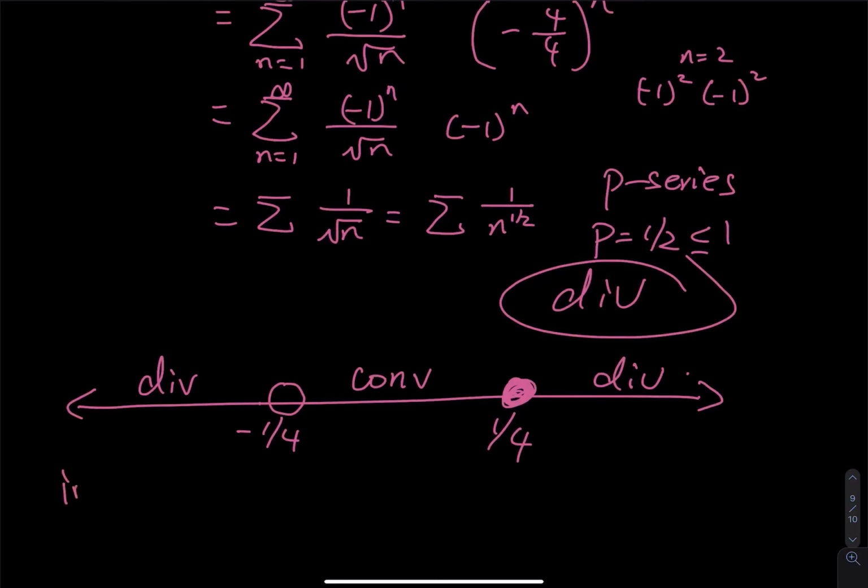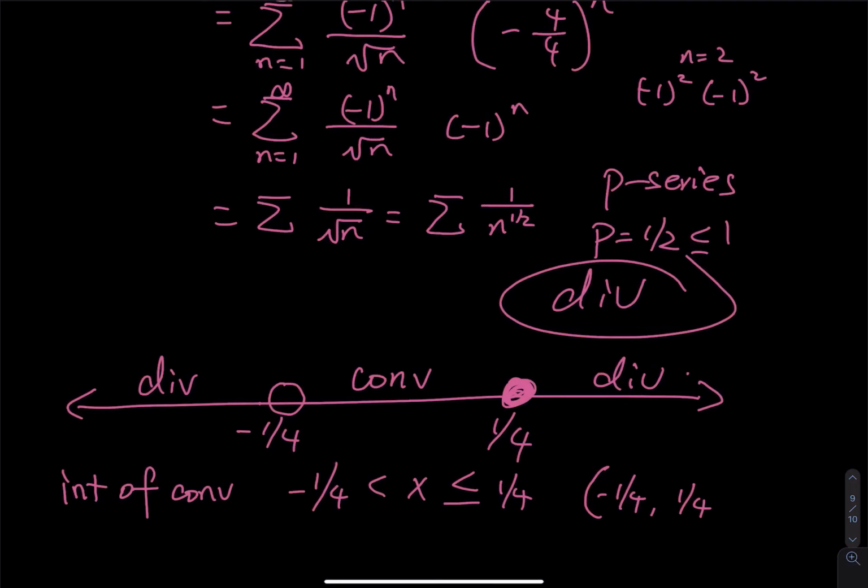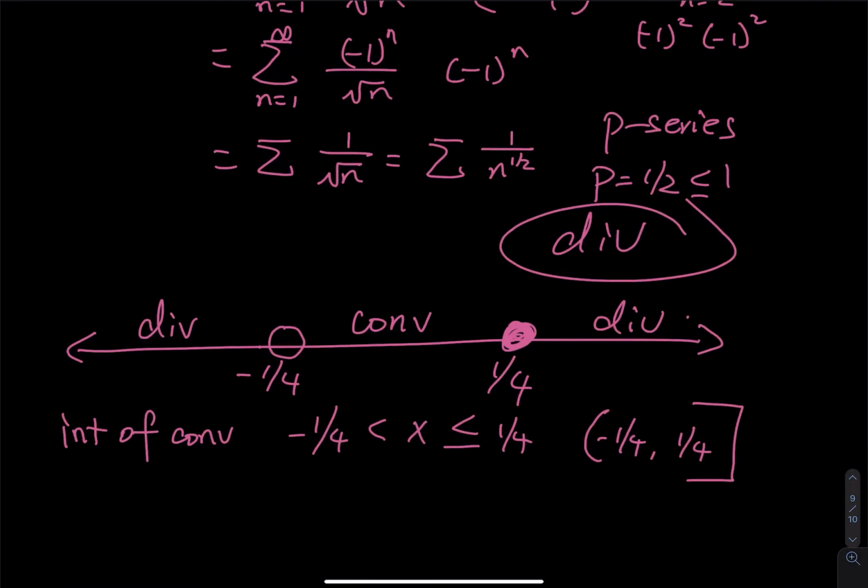So the interval of convergence is negative 1 over 4 less than x, and then less than or equal to 1 over 4. So the interval is this: negative 1 over 4 parenthesis, and then positive 1 over 4 square bracket. What about the radius? So half of the interval, the radius, is 1 over 4.